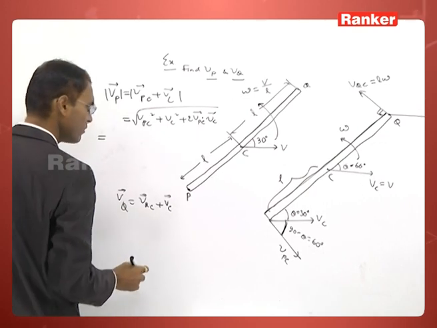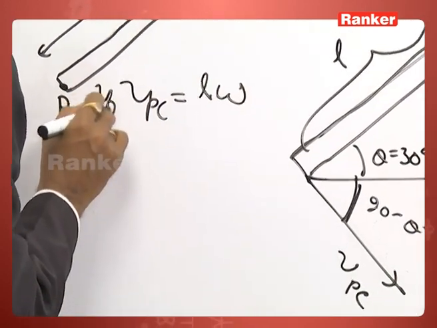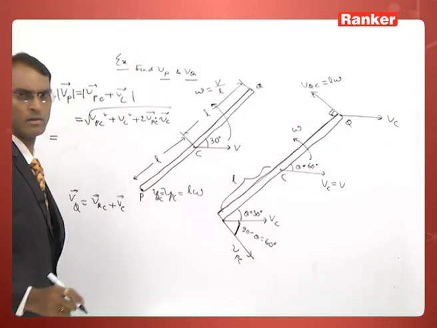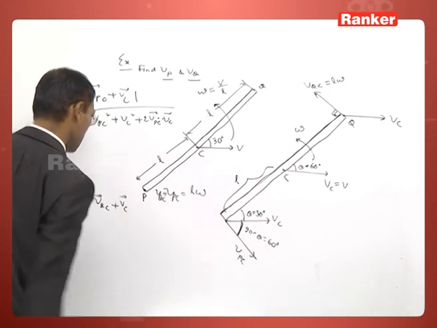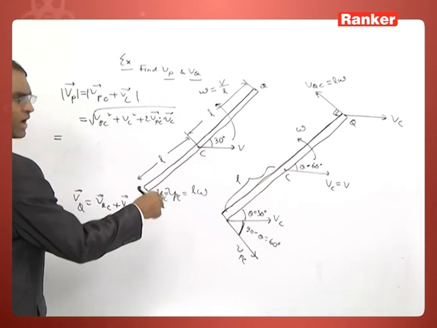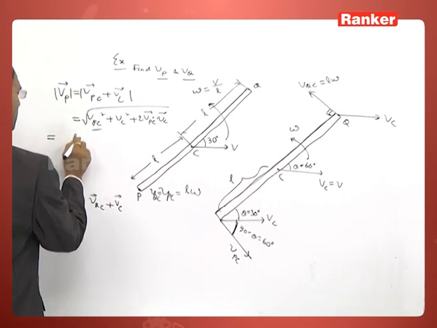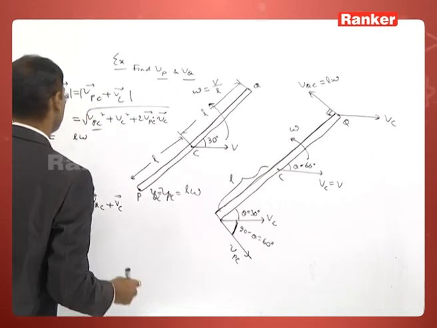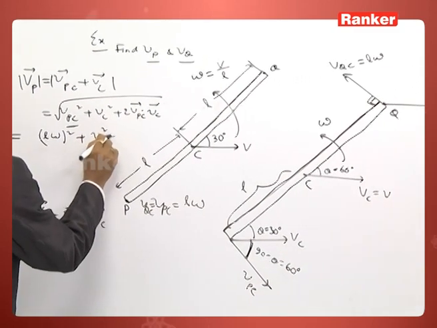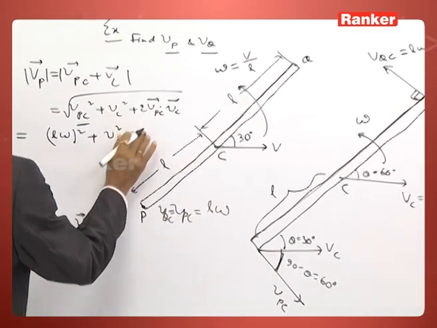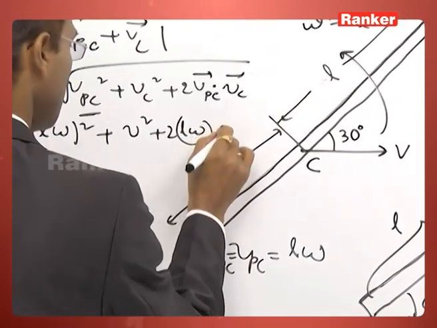Vpc is equal to L into omega, Vqc also is equal to L into omega, using the concept of relative motion, method of the angular velocity. So, Vpc you can write L into omega square. Vc you can write V square.